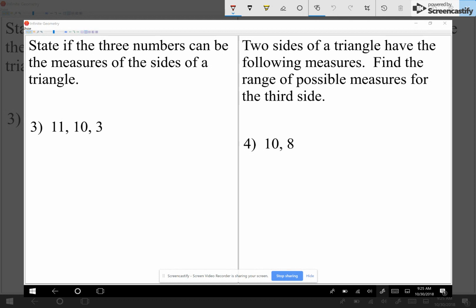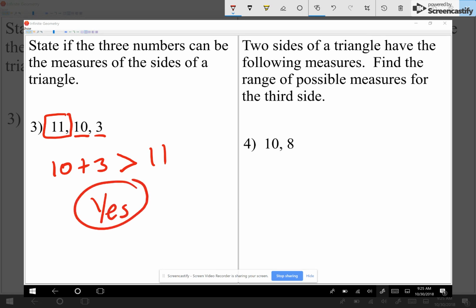The way we're going to see if these three can be the sides of a triangle, I'm going to add the two smaller numbers, in this case 10 plus 3, and it has to be bigger, cannot be equal to or less than, it has to be bigger than the big side. So 10 plus 3 has to be bigger than 11. So I ask myself, is 10 plus 3 more than 11? In this case, yes. Those three can be the sides of a triangle.